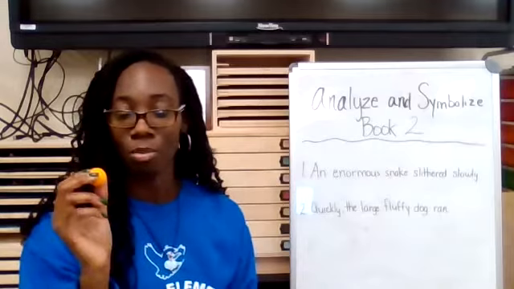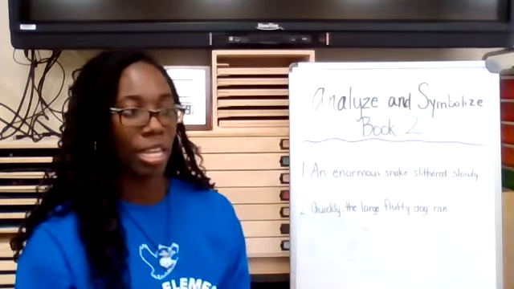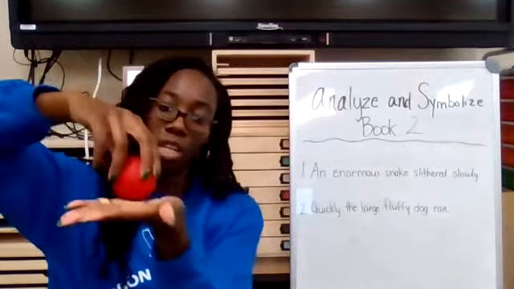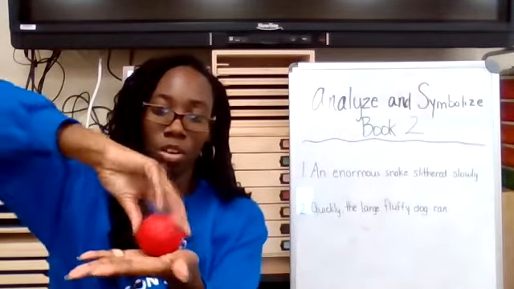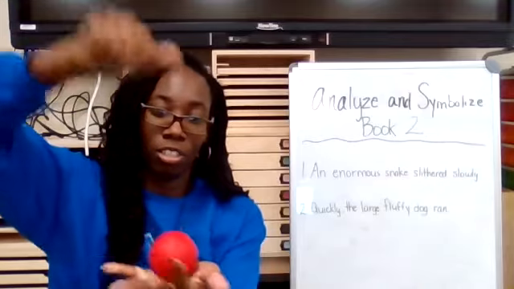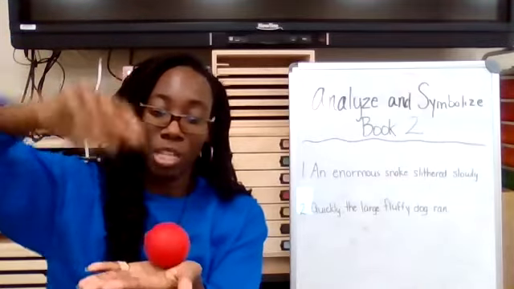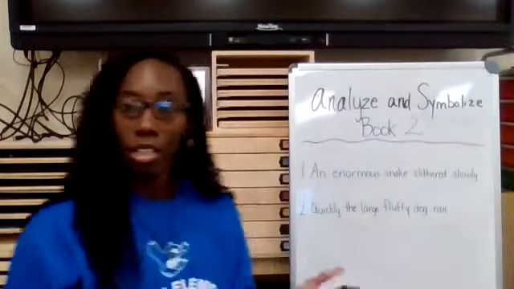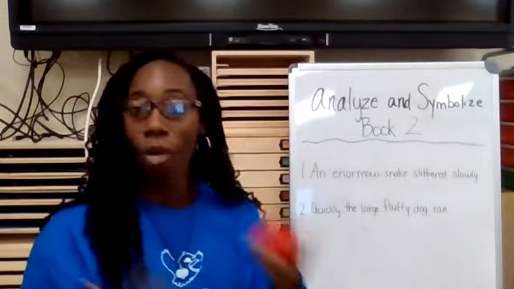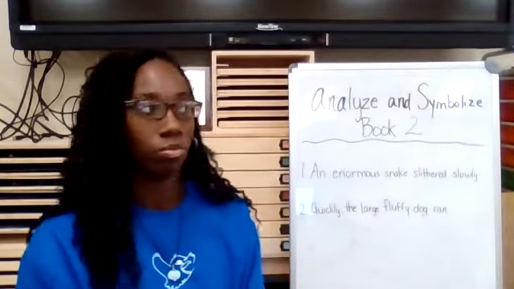So let's say, for example, I am gonna spin it, but I want you to tell me how I'm spinning the ball. Okay, so I'm spinning quickly, and I lost control. But quickly would be how I was spinning the ball.